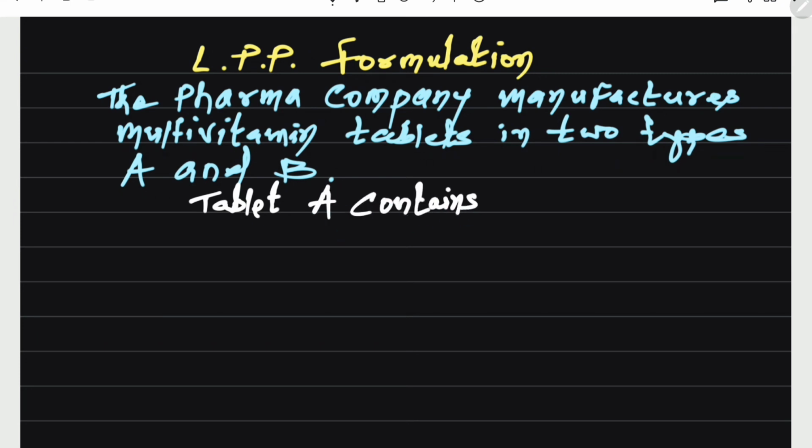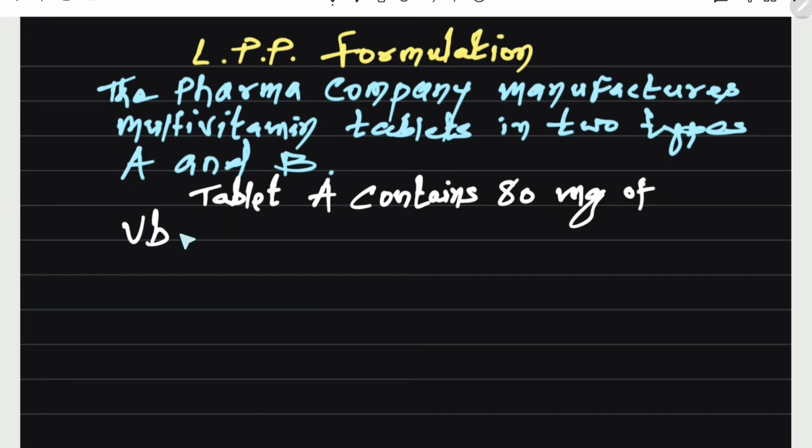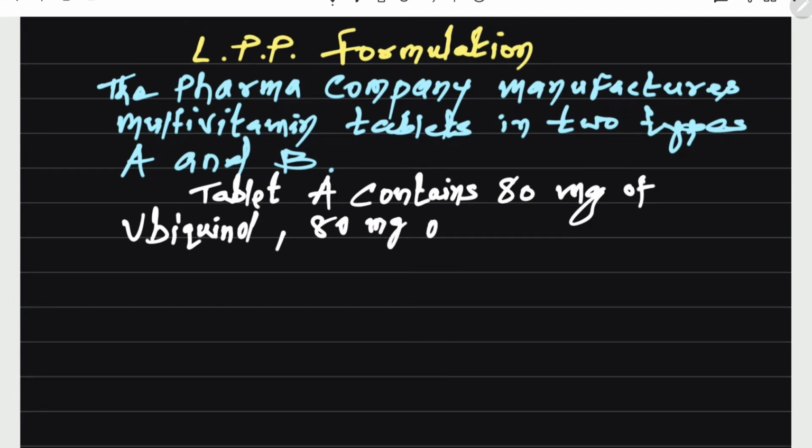Tablet A contains 80 milligram of ubiquinol, 80 milligrams of vitamin E. These are the contents of that tablet.